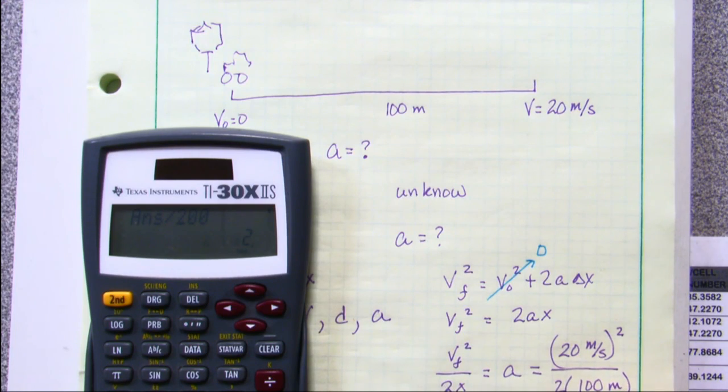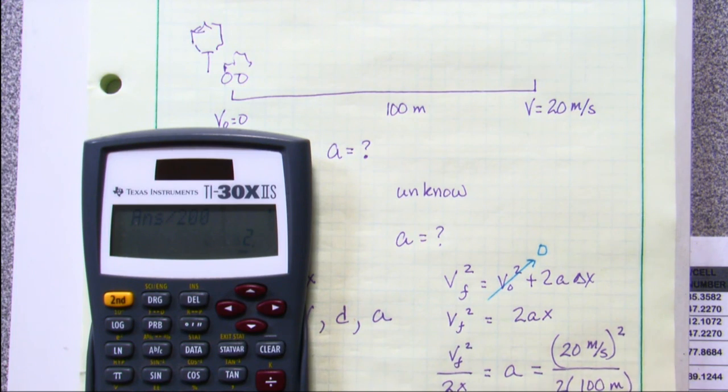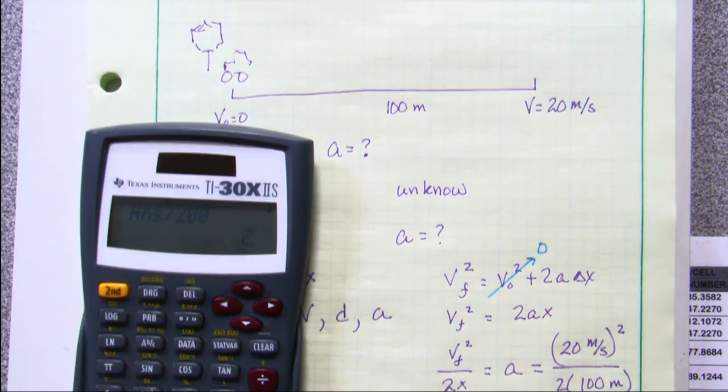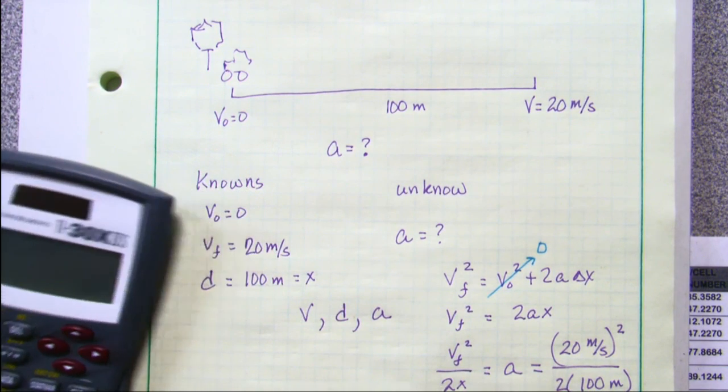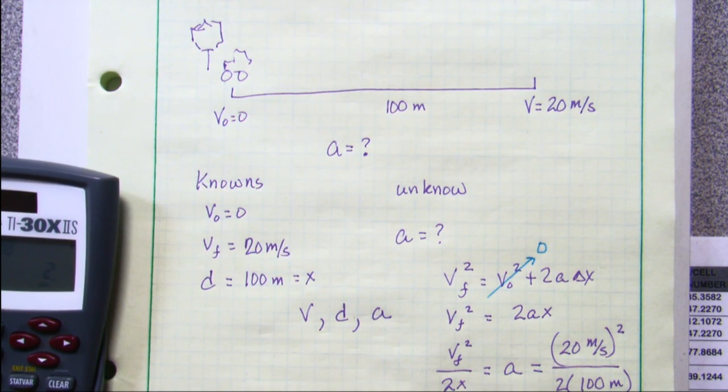I get meters squared divided by seconds squared, 1 over meters. Meters will cancel. I get meters per second squared. So my acceleration is 2 meters per second squared.